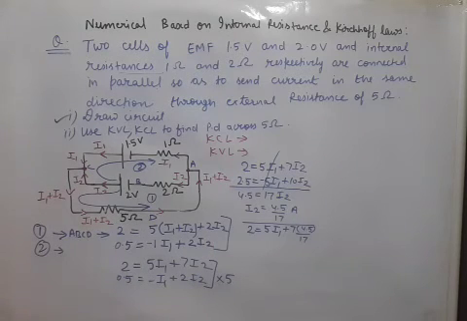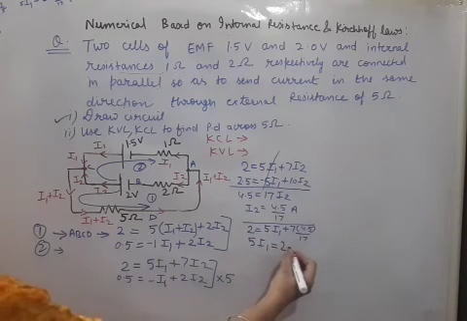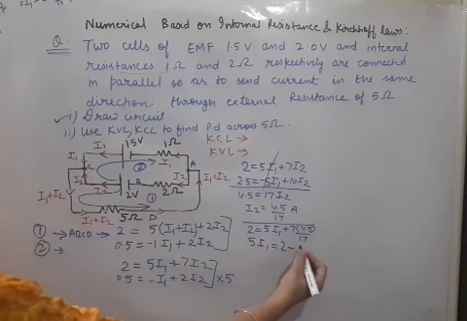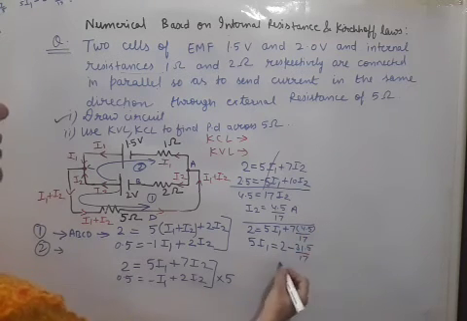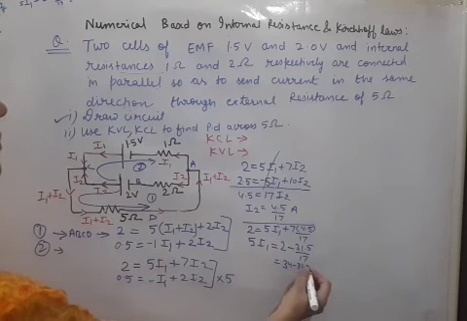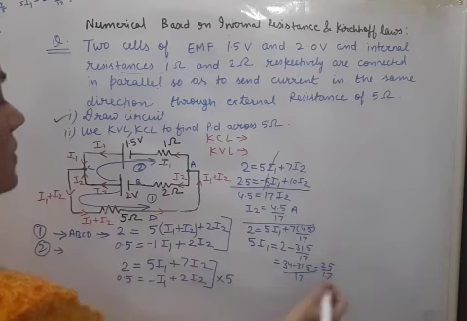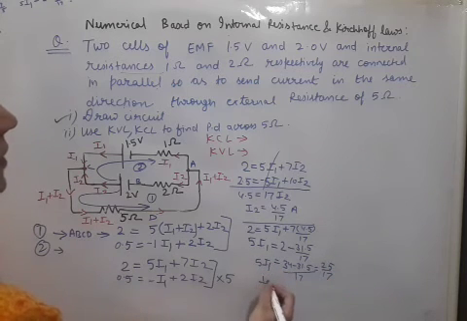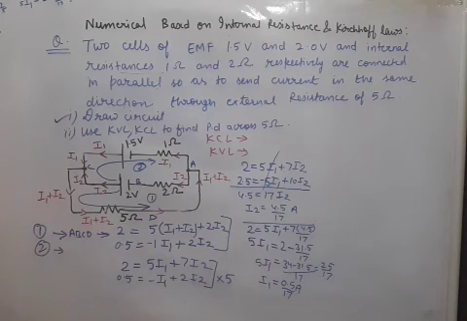Before that we have to shift 5I1 here. So 2 minus 7 into 4.5 is 31.5 upon 17. Let us take the LCM. So we are getting 2.5 upon 17 as the answer for 5I1. This way I1 is coming 0.5 upon 17 ampere.